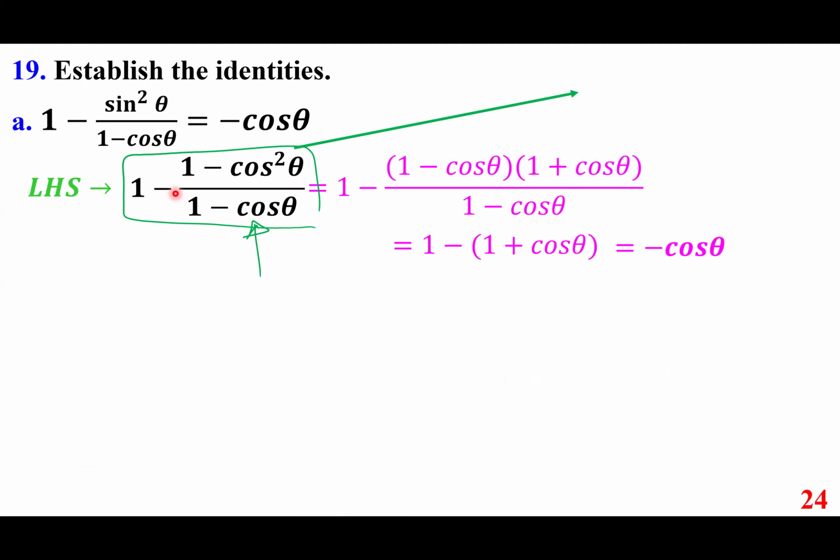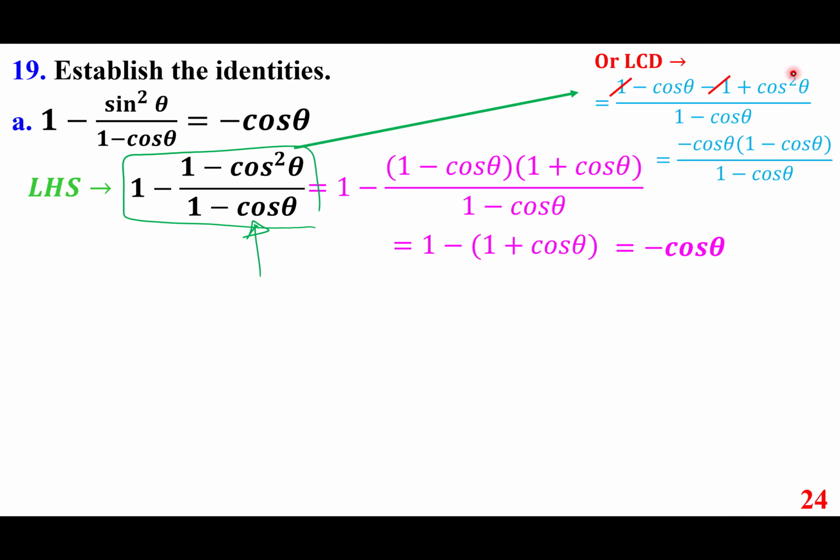In other words, this negative changes the sign of the numerator completely. So obviously 1 and negative 1 cancel each other. Then from the top, I can take the negative cosine theta as a common factor out. I get 1 minus cosine theta. These two cancel each other, and we end up with negative cosine theta.